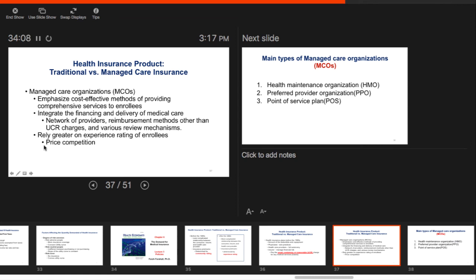Also, the premium rate is based on the experience rating of the enrollees rather than the community rating. That means they charge the customer a premium based on their risk factors, such as age, gender, occupation, and whether they had a prior chronic disease. That makes the market and the relationship between these three agents much more complicated than before the 1980s.